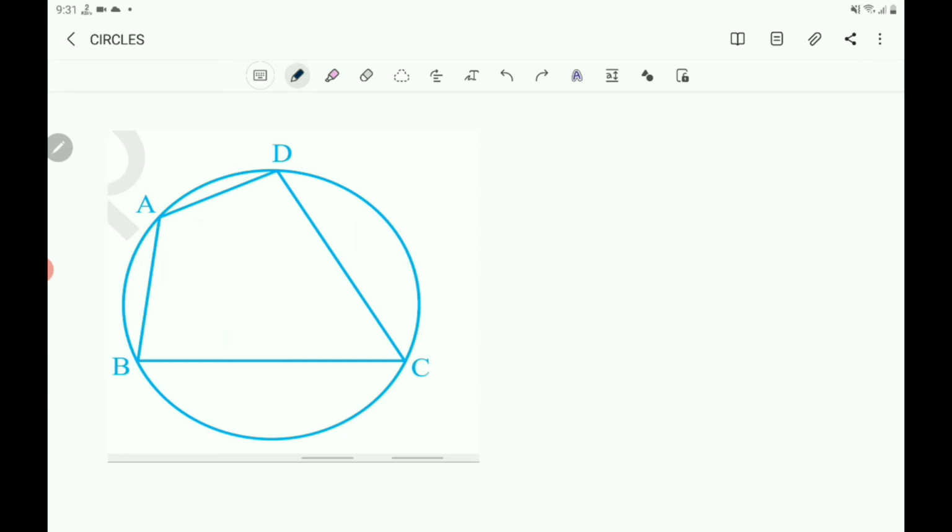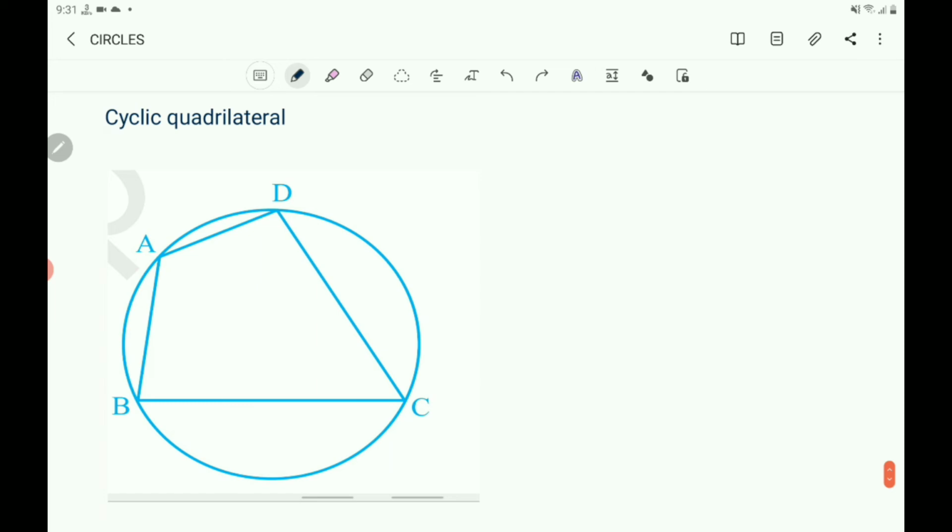So write that. What is cyclic quadrilateral?